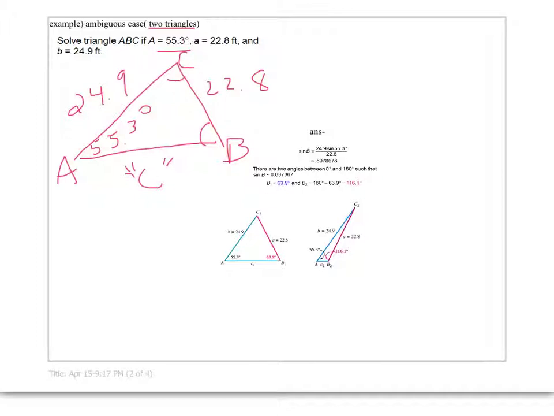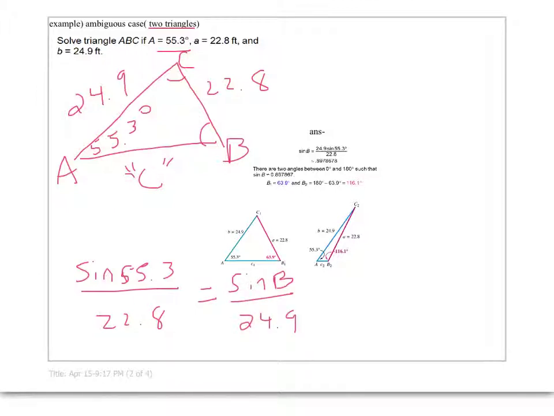Okay, so if we just simply start, and I have the solution pasted over here, but I'm ignoring that temporarily. If you just start applying law of sines, so sine of 55.3 is to 22.8 as, let's say, sine of B is to 24.9. And again, cross multiply, that's degrees.